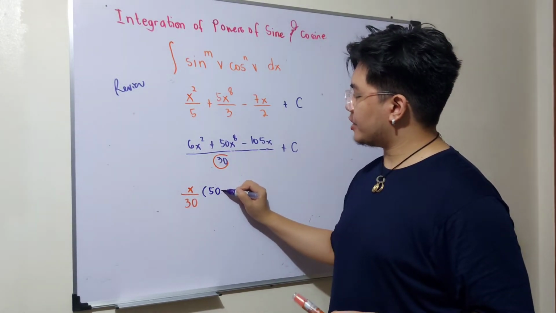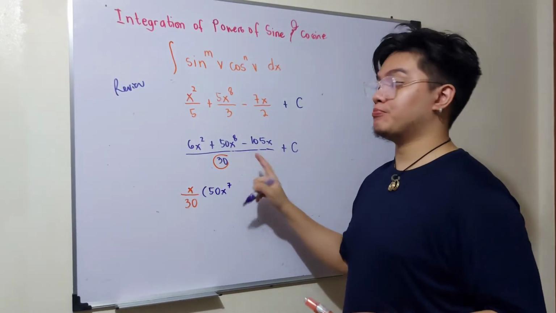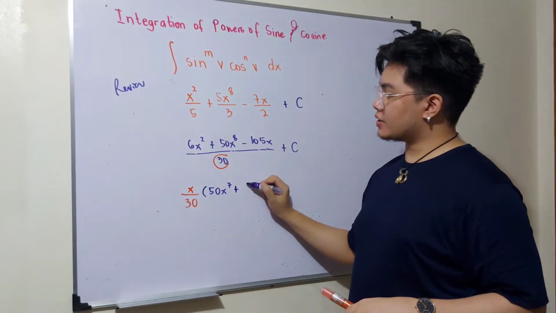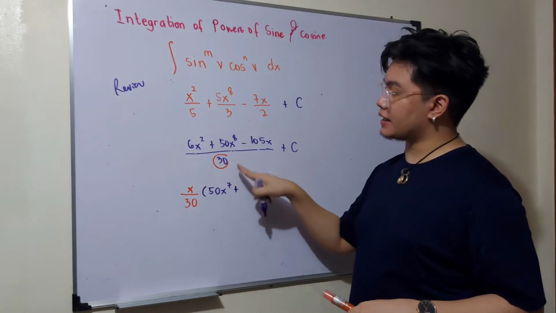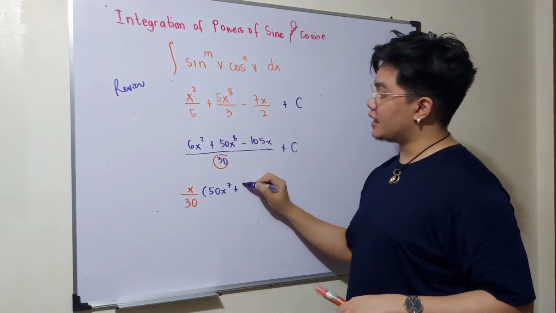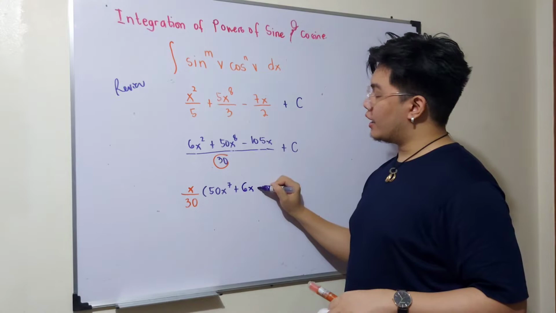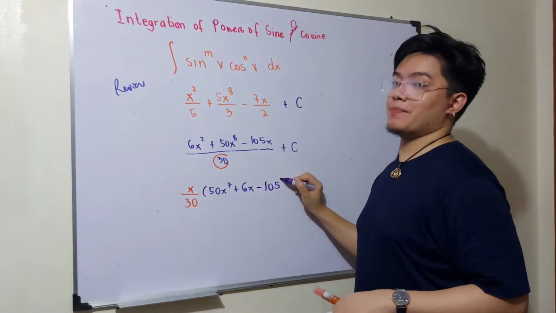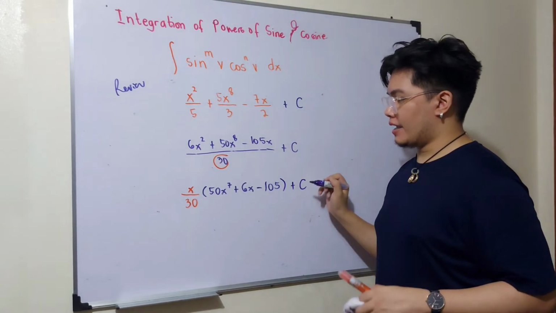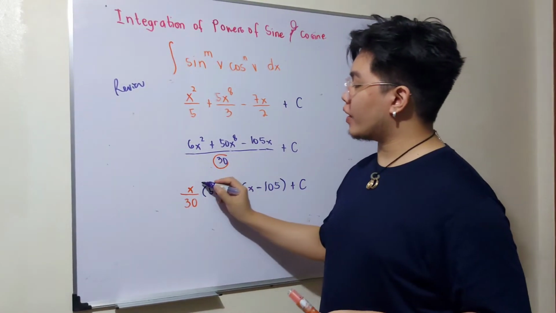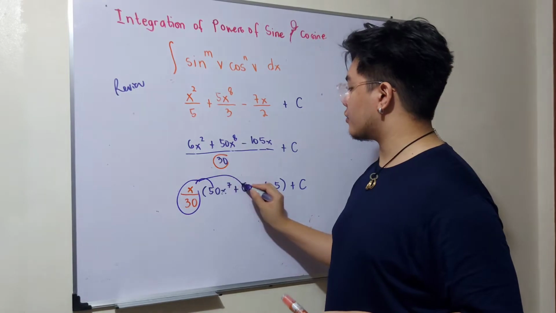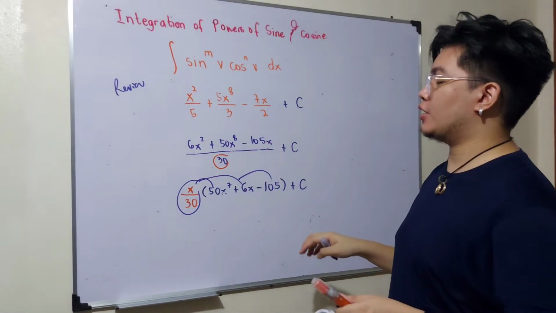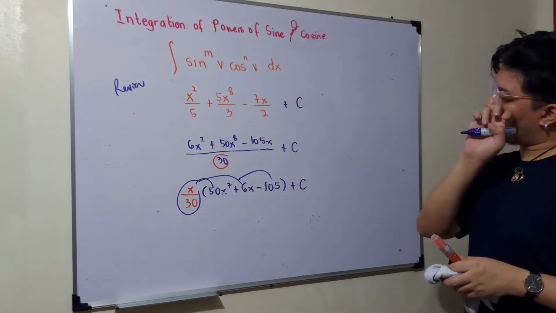So, we have 50x raised to 7. And then ito. Plus, so since nilabas natin yung x, kinaltasan natin sila lahat ng x, 6x na lang to. And then yung matitira dito sa taas ay 105. Ayan. So, pag minultiply mo itong x over 30 dito sa lahat ng to, magka-come up yan dito. Tapos pag-ihiwa-hiwala yun. Okay.